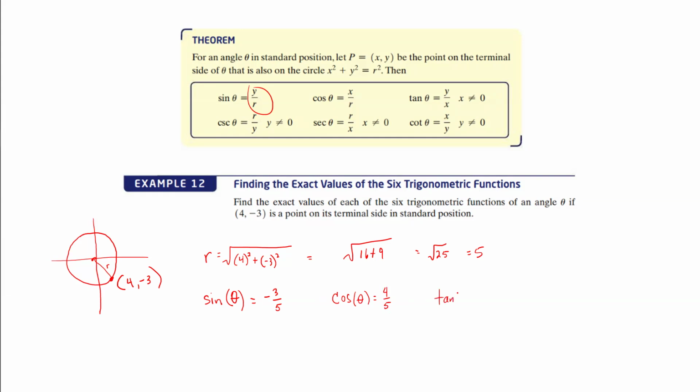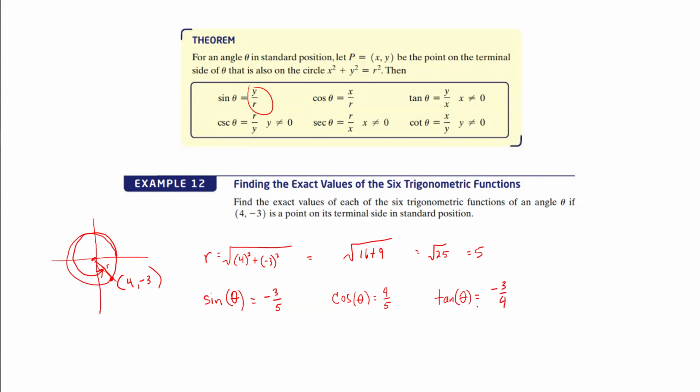And the tangent of theta, where theta is the angle that runs through this point, so it's this angle here, that's what we're calling theta. The tangent is going to be y over x, so -3 over 4.